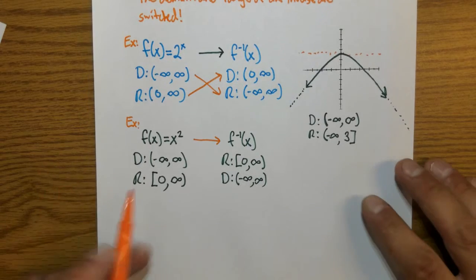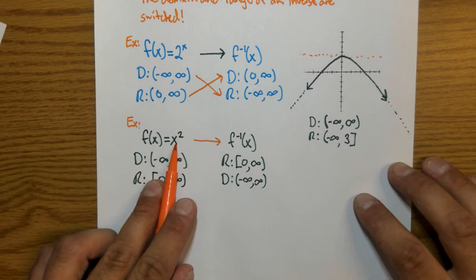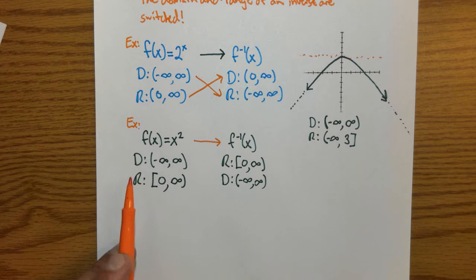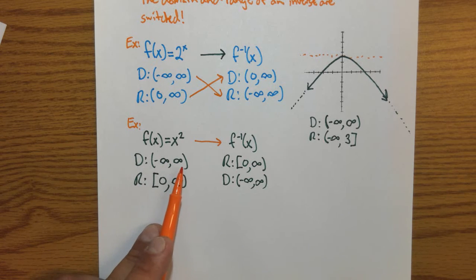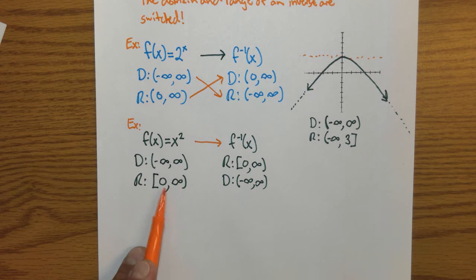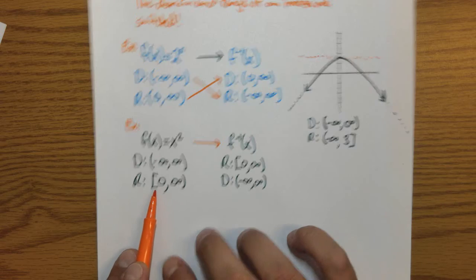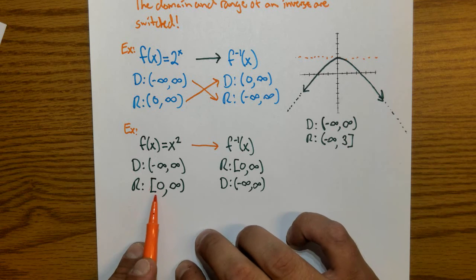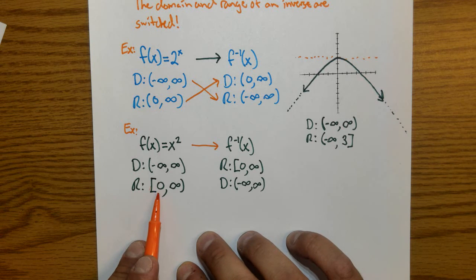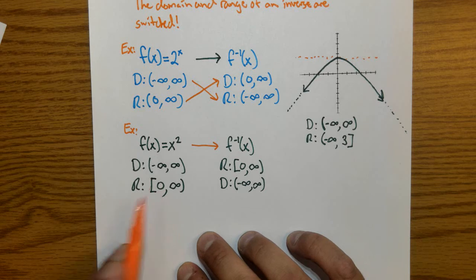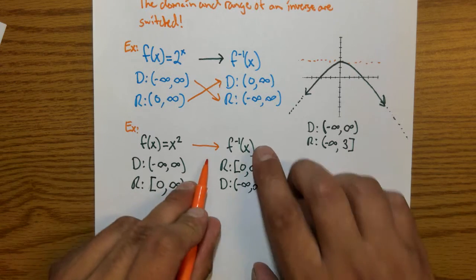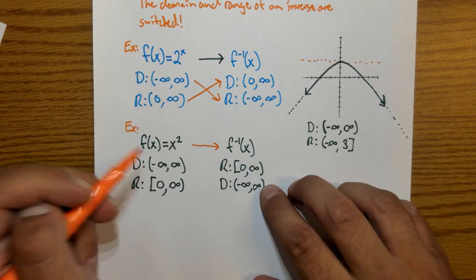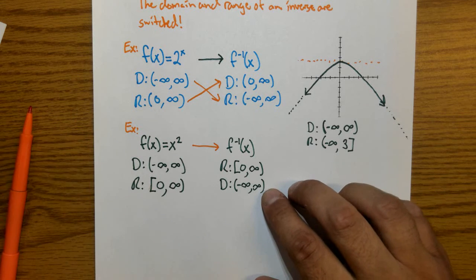I'm taking a look at an example here. Squared functions, quadratics. The domain goes from negative to positive infinity, and the range goes from 0 to infinity. And I have the bracket here because with quadratics it actually includes that value. So when I take my inverse, the domain, I actually goofed.